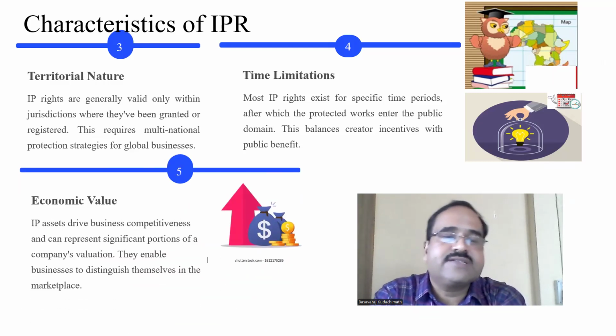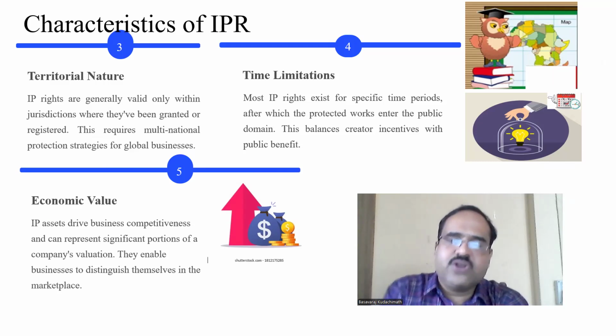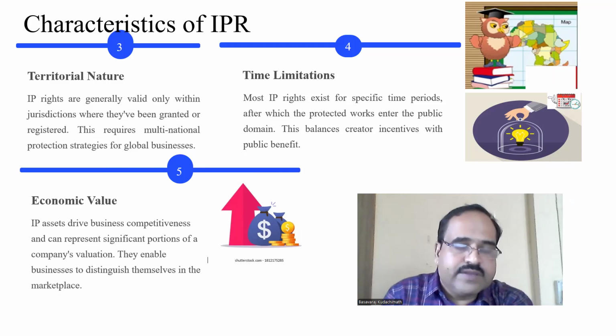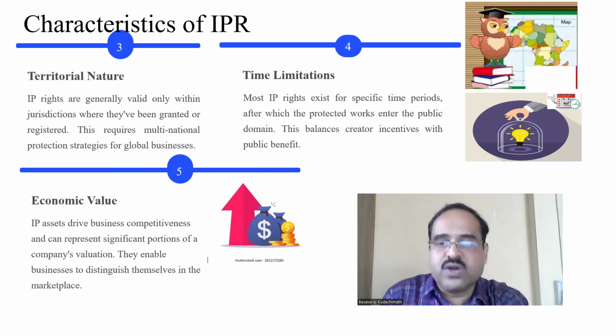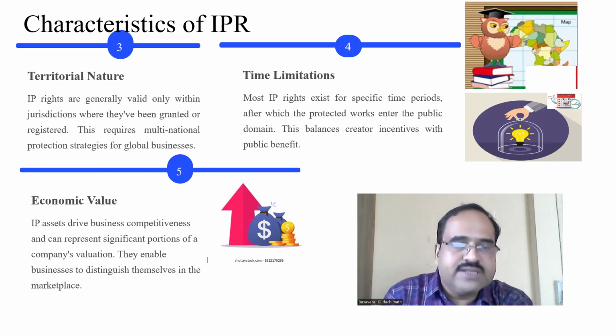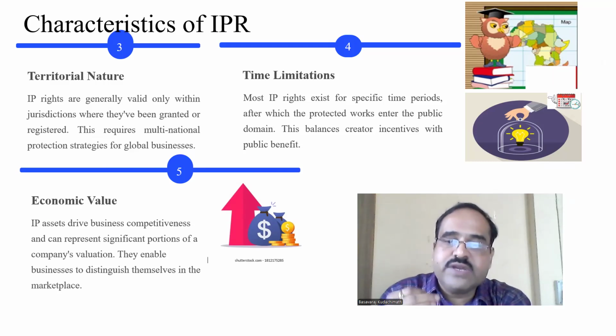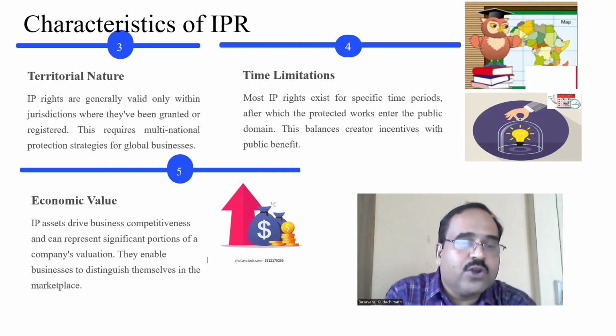The next important characteristic is economic value. All ideas cannot be patented or copyrighted. Only the ideas which have economic value can be put under IPR. For example, you have an idea of telling jokes or singing a good song. That cannot be patented because it has no economic value. But if you compose music which creates value for the people, then you can patent it. Only the people who pay the money can download that particular song and use it. That is what we call economic value.